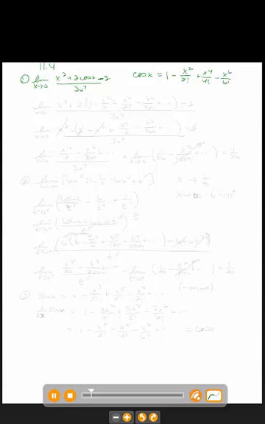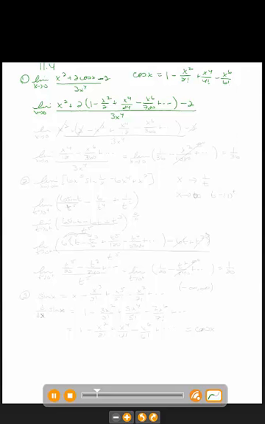And so we're going to put it in, so it's going to be the limit as x approaches 0 of x squared plus 2 times, now I'm going to rewrite those factorials. That would be x squared over 2, x to the fourth over 24, x to the sixth over 720, minus 2, all over 3x to the fourth.